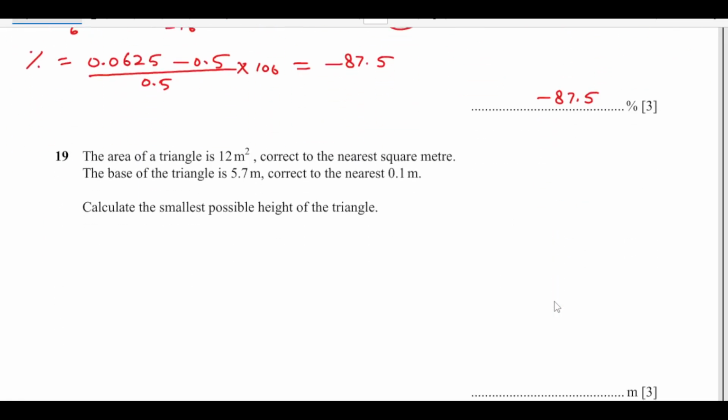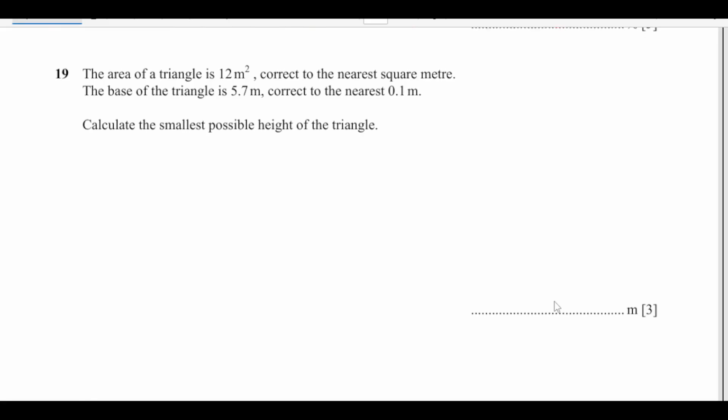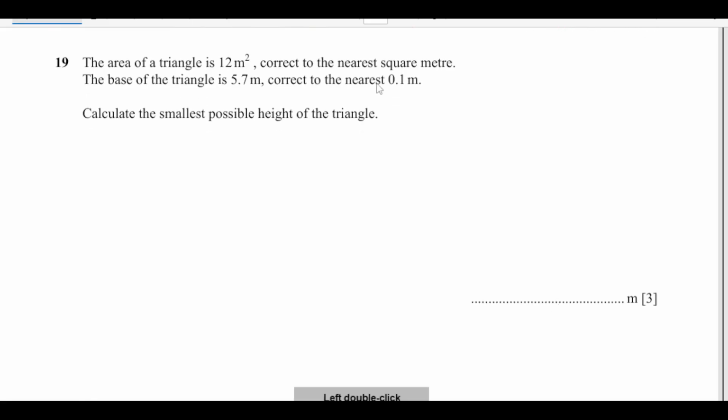Now number 19, the area of the triangle is 12 meter squared, correct to nearest square meter, right? So this is nearest square meter. So 1 divided by 2, it will be 0.5. So we are going to add or subtract 0.5 here. The base of the triangle is 5.7, correct to nearest 0.1. 0.1 divided by 2 will be 0.05, right?